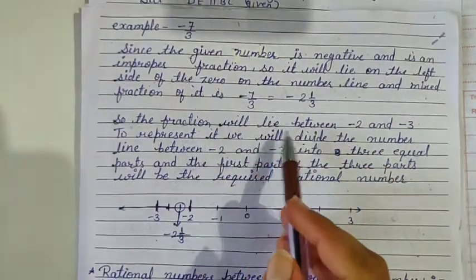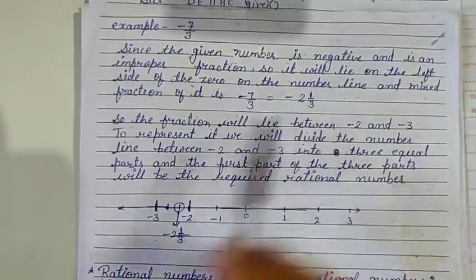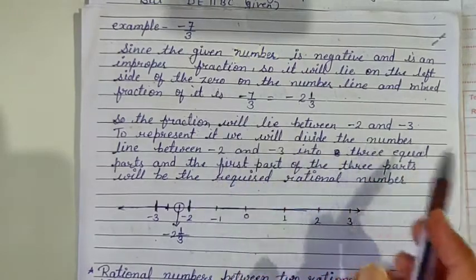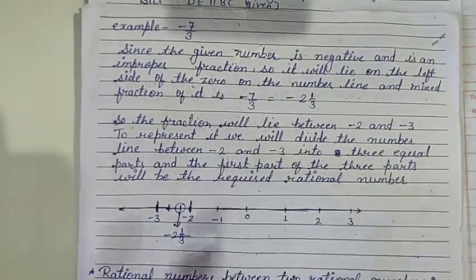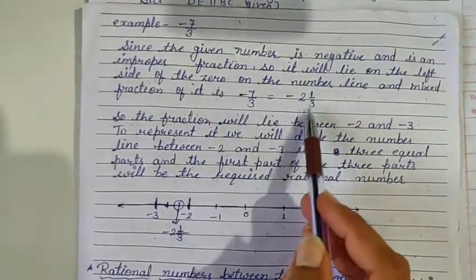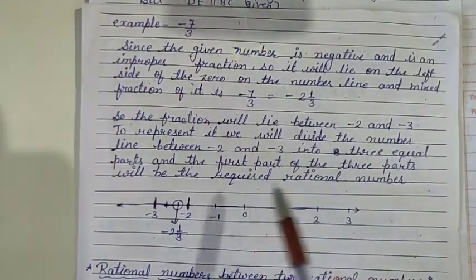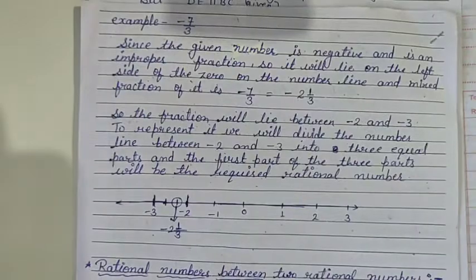So the fraction will lie between -2 and -3. To represent it, we will divide the number line between -2 and -3 into 3 equal parts, because the denominator is 3, and we will mark the first part because the numerator is 1.